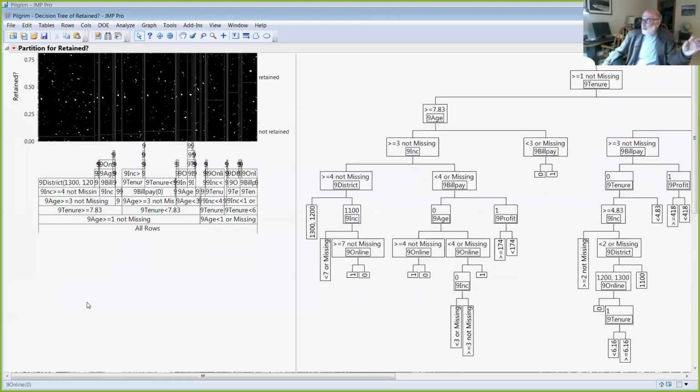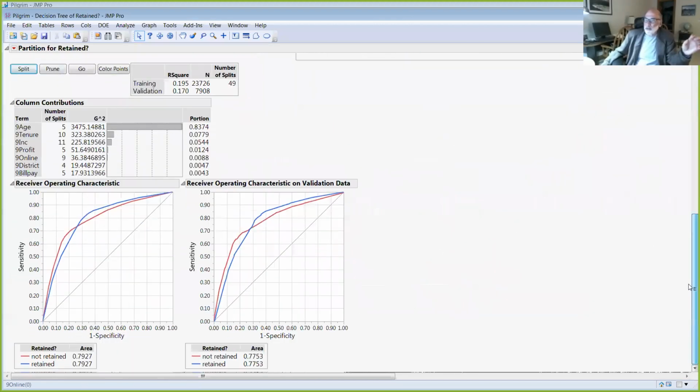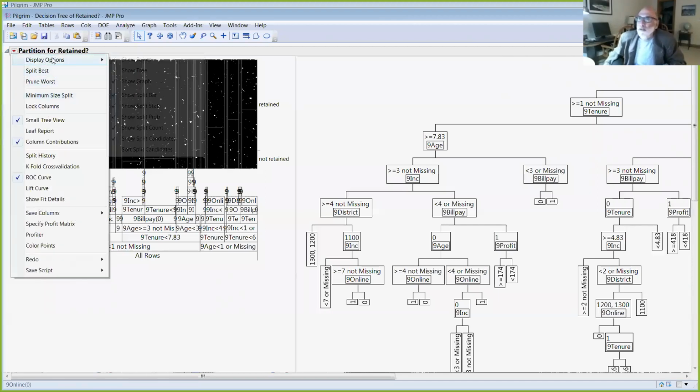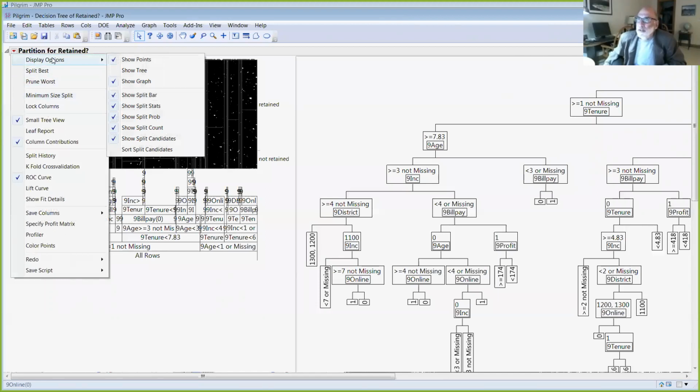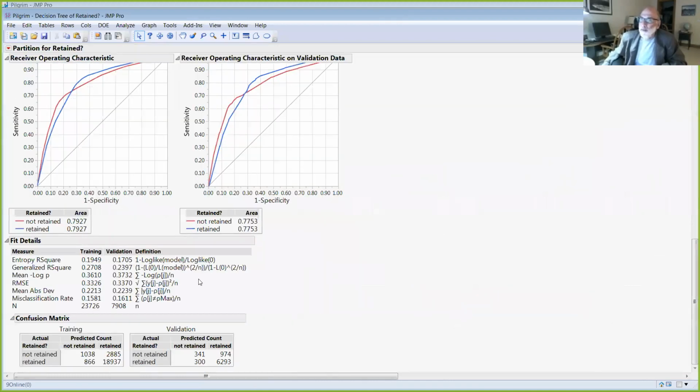And maybe the confusion matrix is also not shown. Just make sure it's not an option here. Oh, we can do show fit details. We'll use that for now. Yeah, that gives us the confusion matrix.